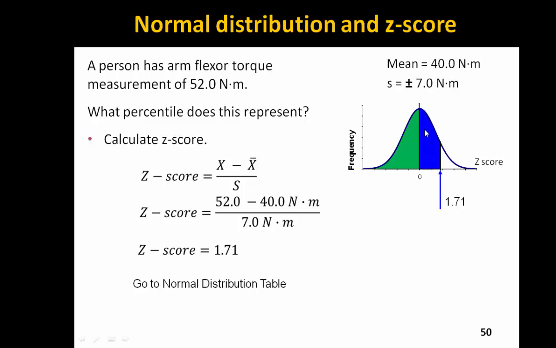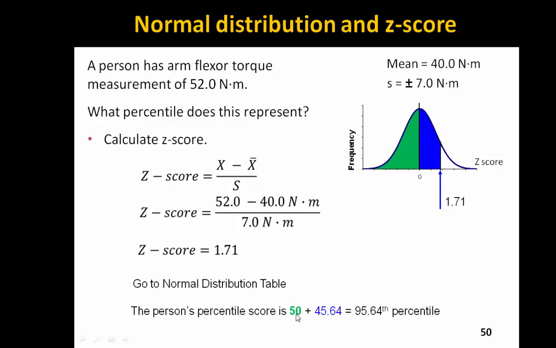If we wish to calculate their percentile, I'm going to provide you the numbers here, and in a subsequent video I'm going to show you how these numbers were obtained from the normal distribution table. The percentile score is the sum of 50 and 45.64.